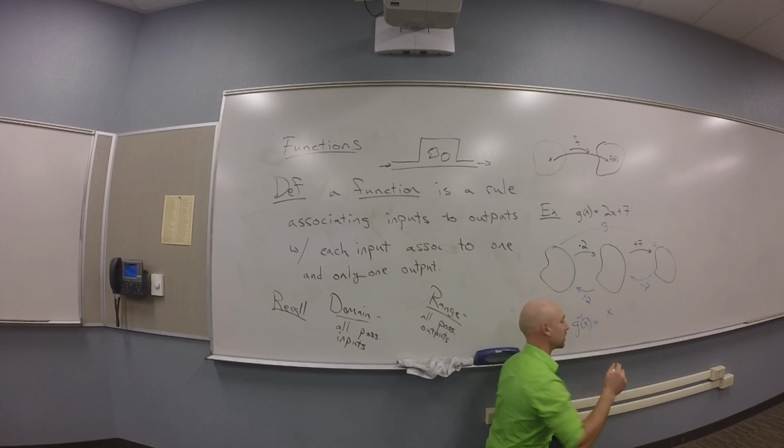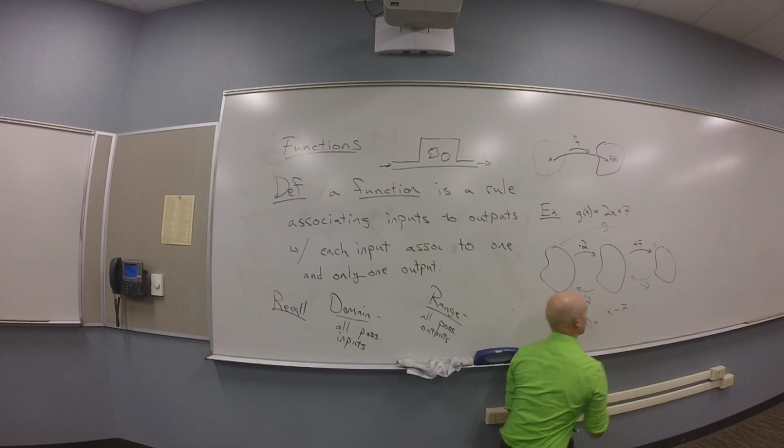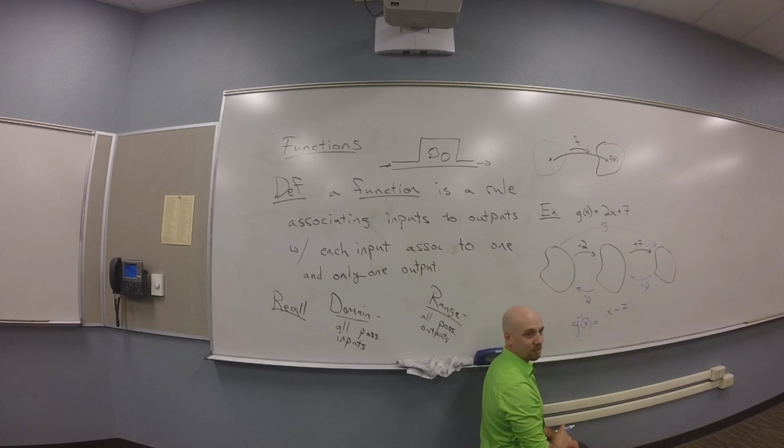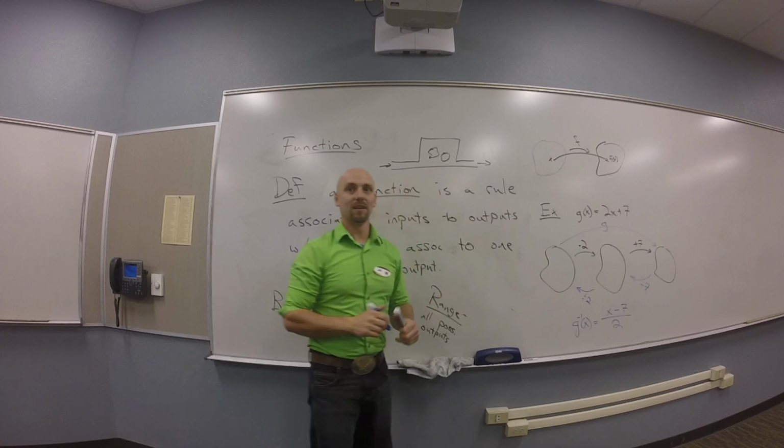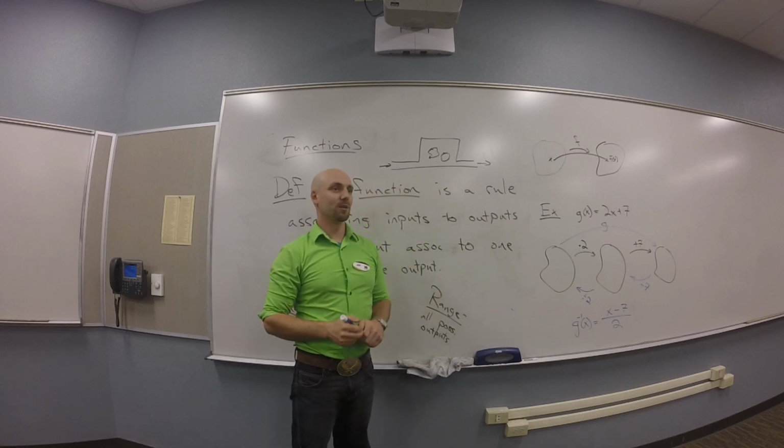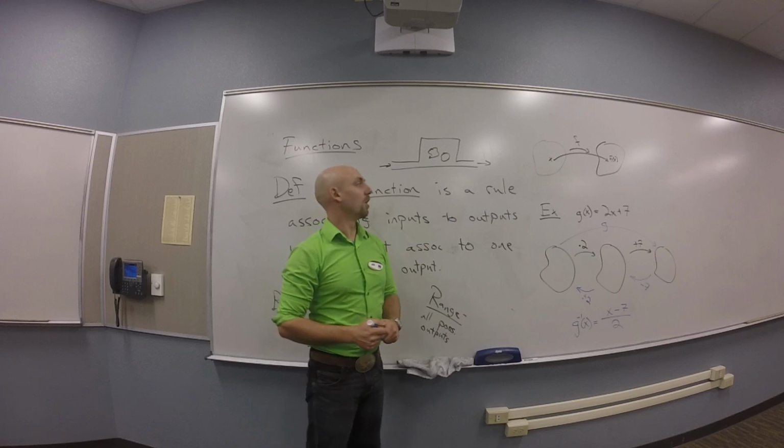Subtract 7. And then divide by 2. What do you divide by 2? The whole thing, x minus 7. Perfect. You guys are on the ball. This is going to be an easy pre-calculus class. Cool? Questions? Okay.